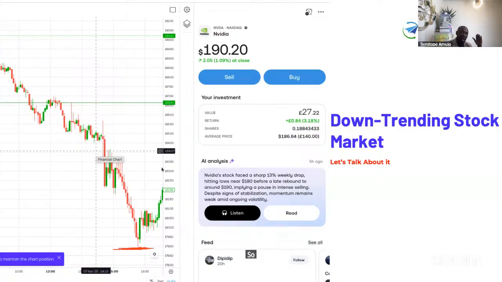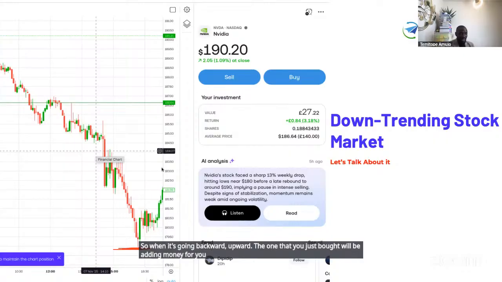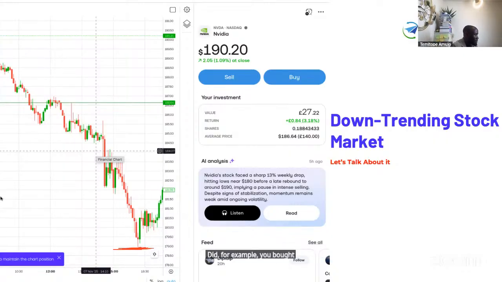So when it's going upward, the one that you just bought will be adding money for you because that has started growing. Take for example, you bought at 179 here. Where's my marker?